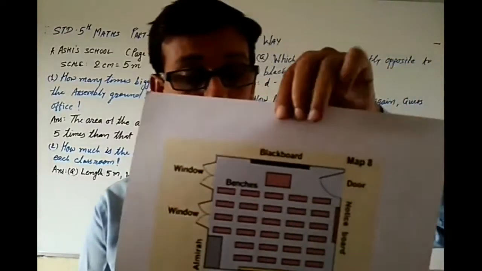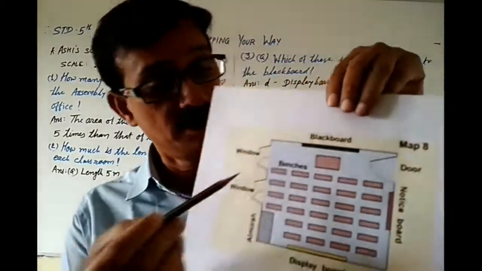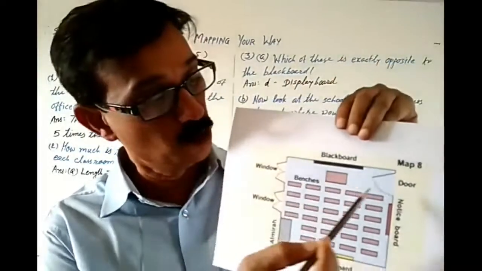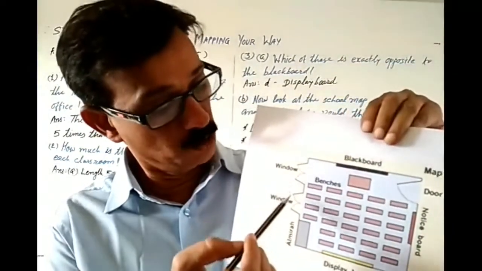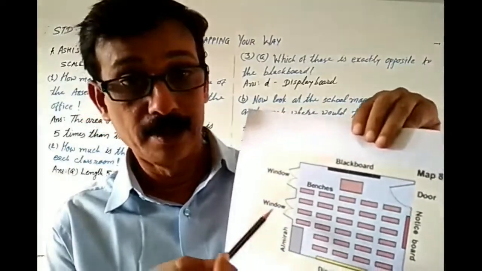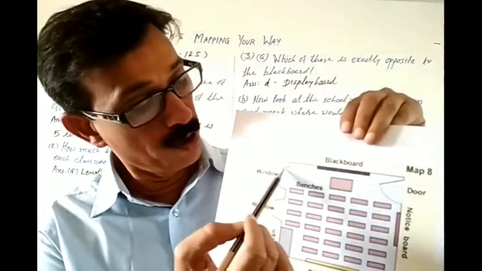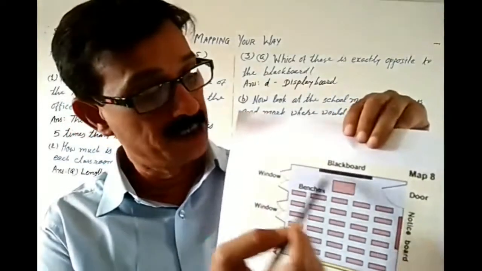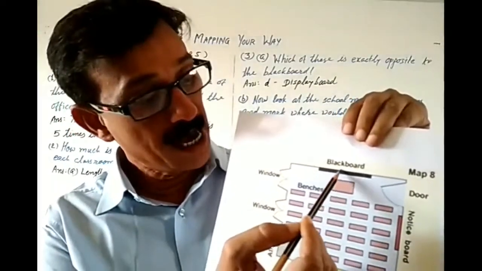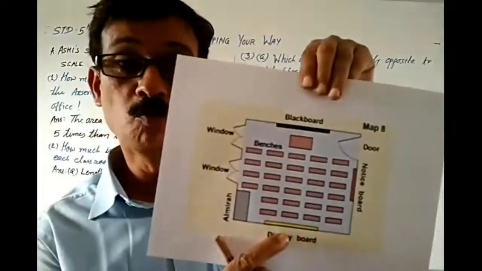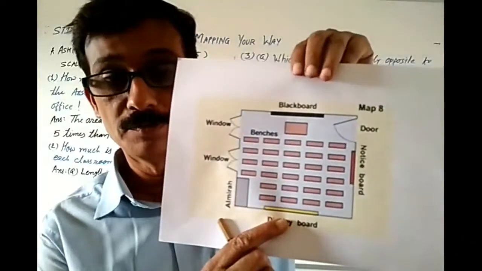First of all, look, where is the door? Here. The windows are over here. Mark that door and windows. Then after, in between the door and window, there is a blackboard on this wall. And opposite to the blackboard, there is a display board.